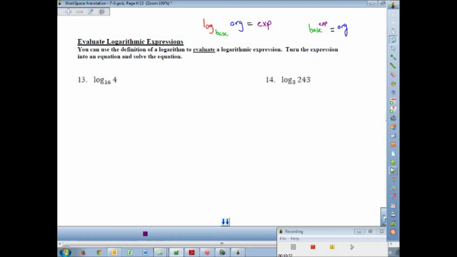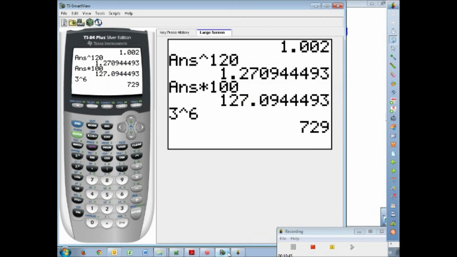Evaluating a logarithmic expression. They're asking us, hey, what's log base 16 of 4? Like, what is it? It'd be great if you could punch that in your calculator. Do you all see that you have a log button over here? Here's the problem. That's log base 10. This button only works for logs base 10.